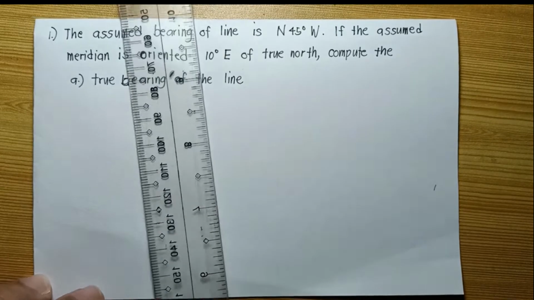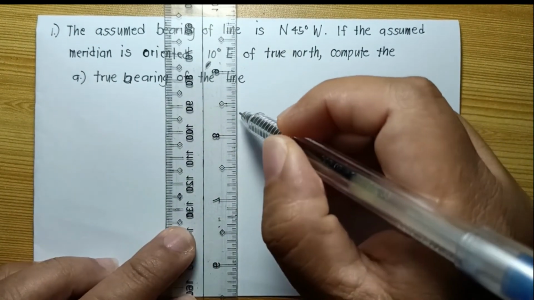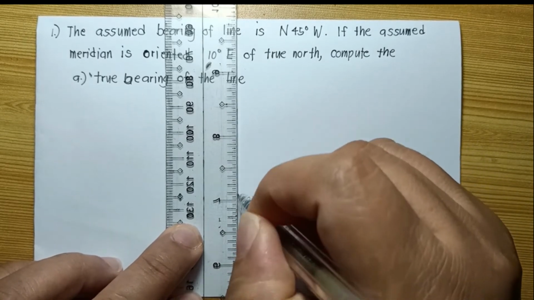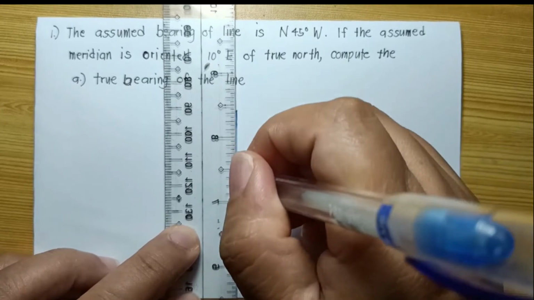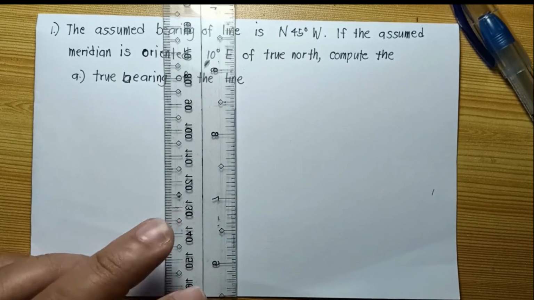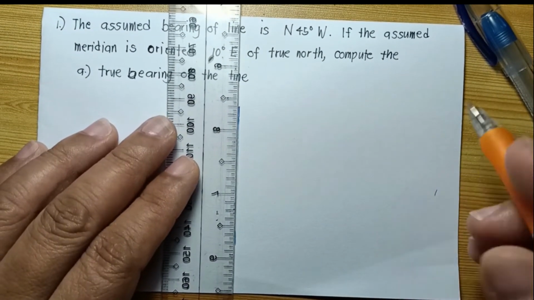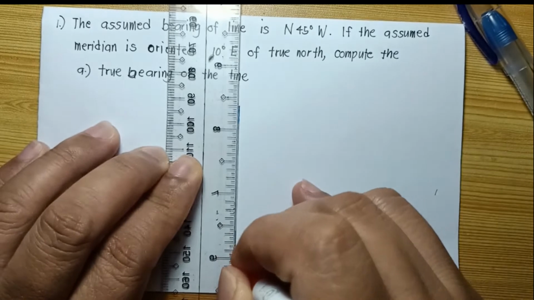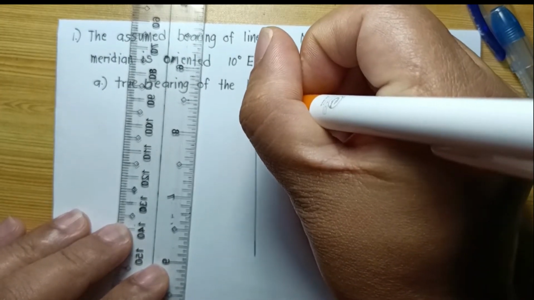In solving problems that involve different types of meridians, it is always advisable to make a sketch. The first thing you are going to do is draw the true meridian. For example, this is the true meridian, or this is the true north.